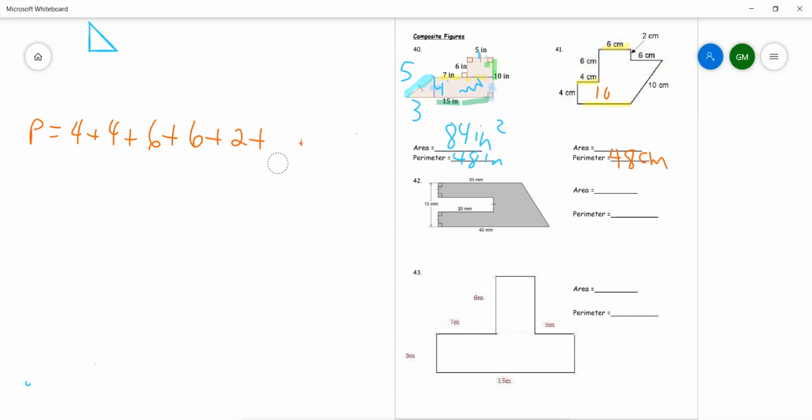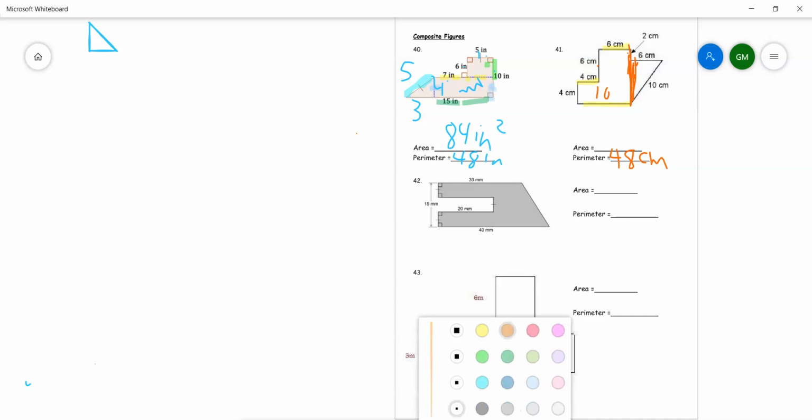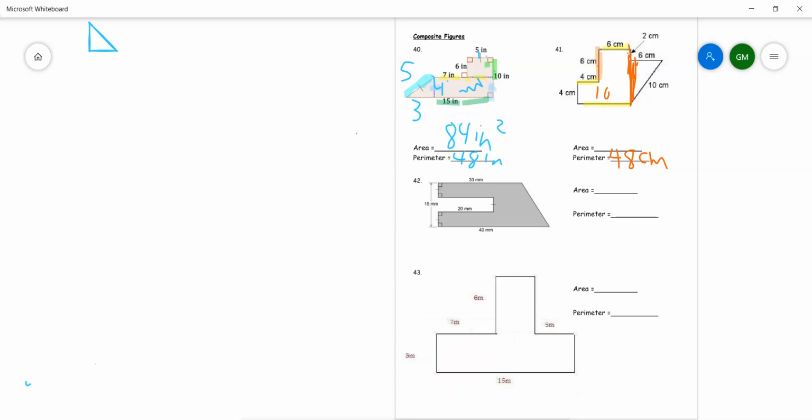This one's going to require a little more breaking down of the figure, a little more decomposition, but not too much. So let's just sketch a little bit of a line here, make our triangle. Now we have a 2 centimeter one that's given to us. There's 6 centimeters on this side right here and 10 right here, or 4 right there.